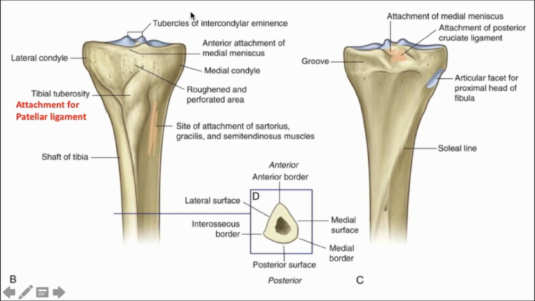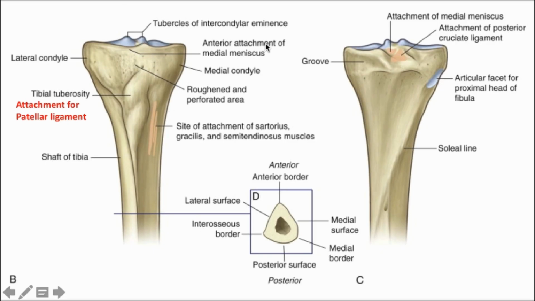We have the cruciate ligaments, and then we have the lateral and medial ligaments. The articular surface of the medial and lateral condyles and the intercondylar region together form what's called the tibial plateau. This articulates with and is anchored to the distal end of the femur. This is where the articulation takes place.